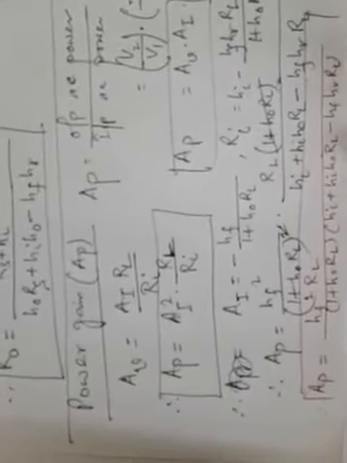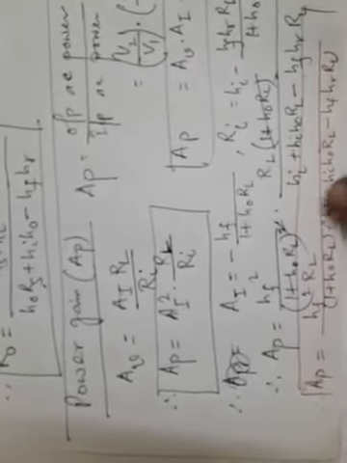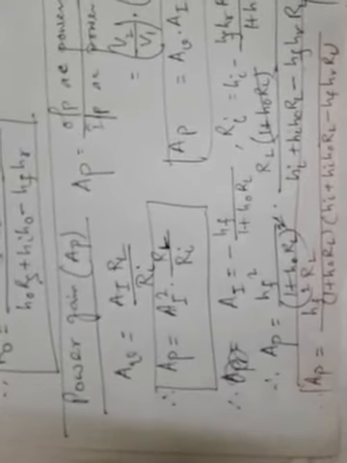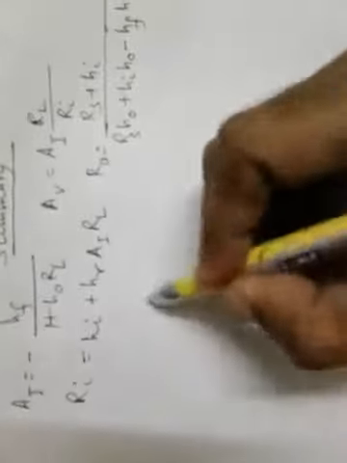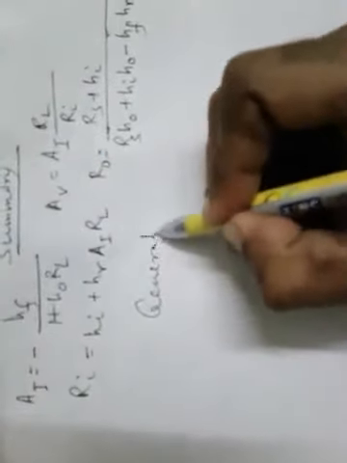This should be remembered by you for solving numerical problems for calculating the power gain in the case of transistor amplifiers. So these are the summarized expressions of current gain, voltage gain, input resistance and output resistance. These are generalized expressions.